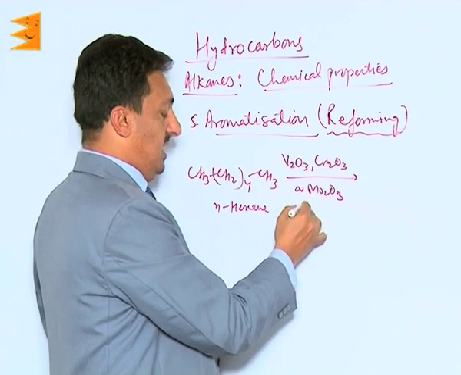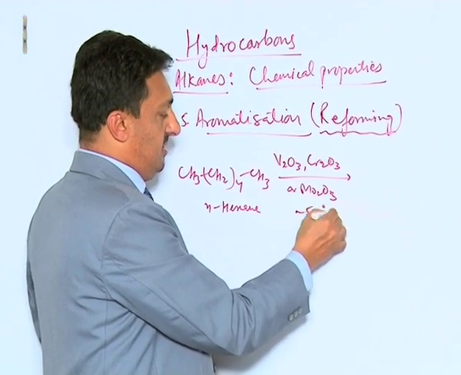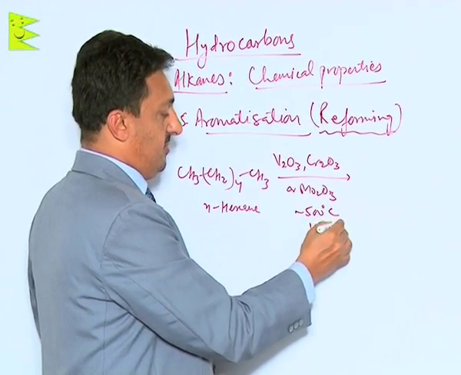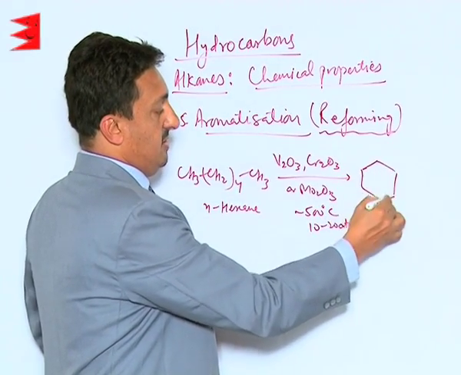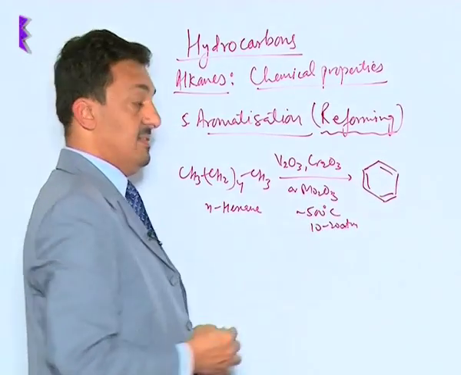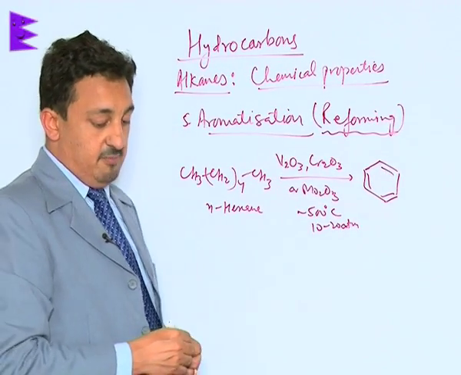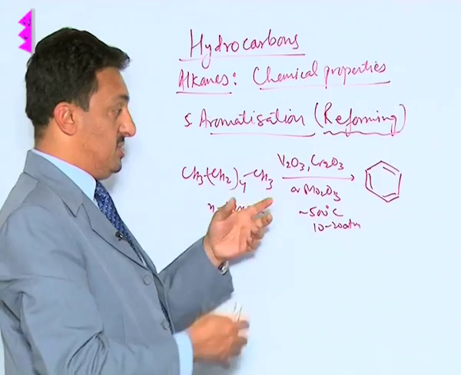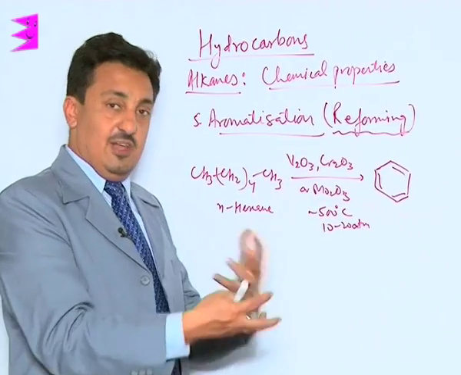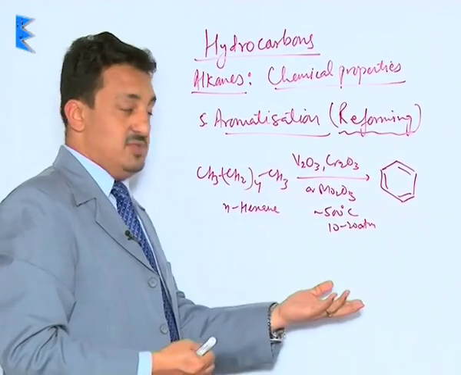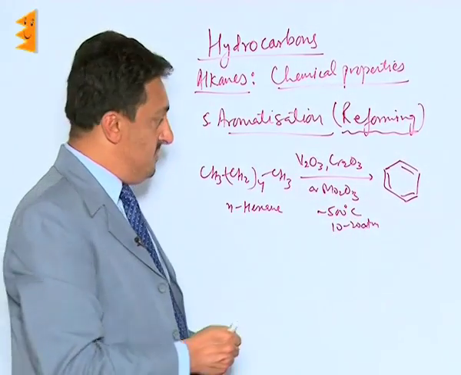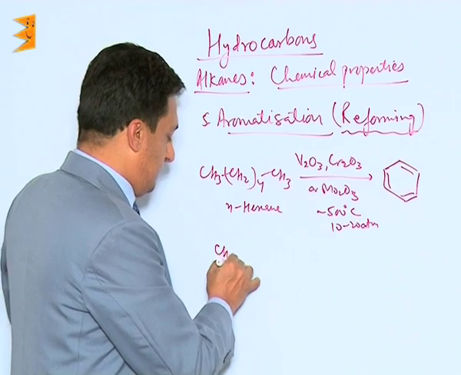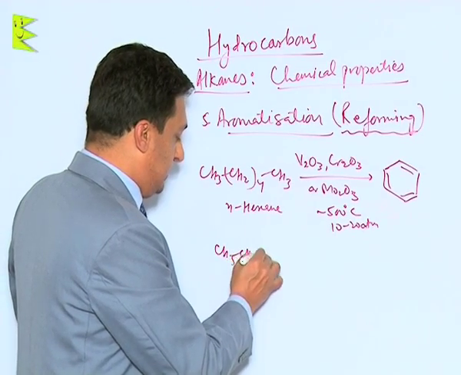any one of these, at around 500 degrees Celsius and 10 to 20 atm pressure, results in the formation of benzene. That's very important to note. This is basically a dehydrogenation reaction. The hydrogens get removed and we get C6H6, benzene.